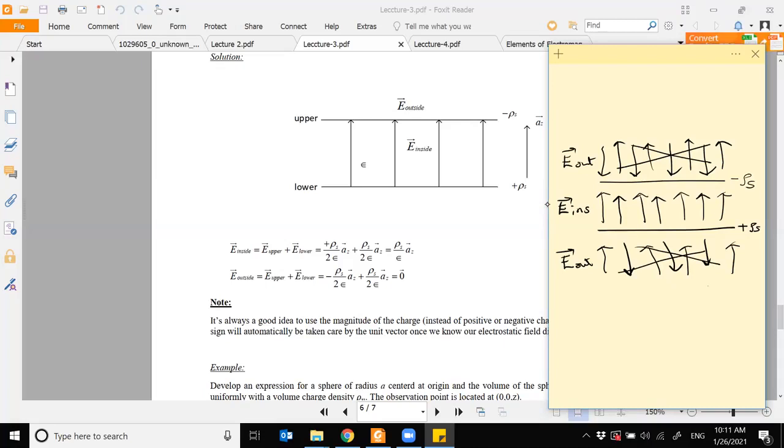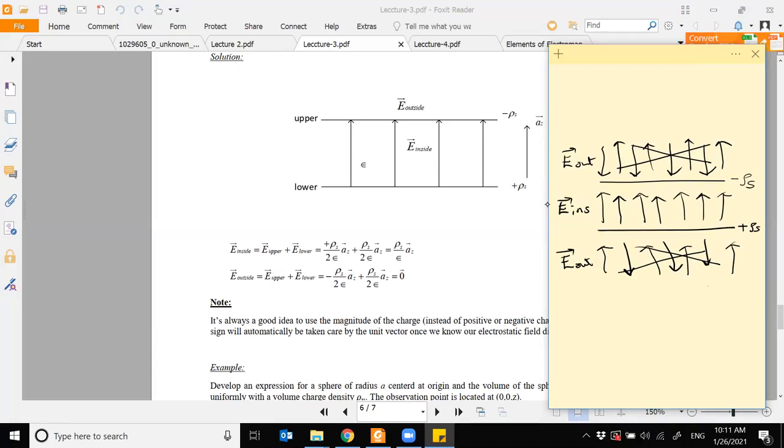Only the electric field between the two plates is in the same direction, pointing from your positive charge sheet to the negative charge sheet, which is what we have seen in the point charge. The electric field originates from a positive point charge and terminates at the negative point charge. So, from positive to negative.